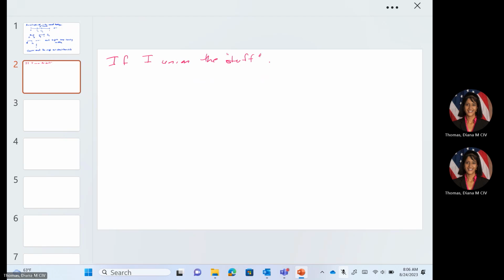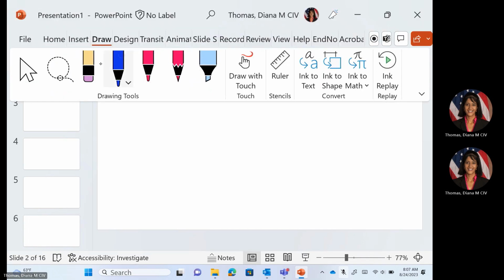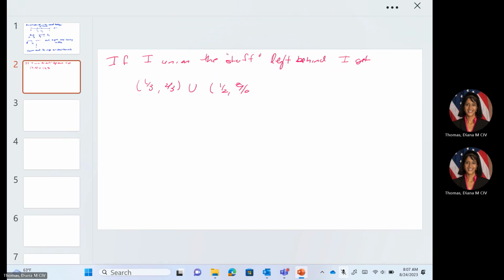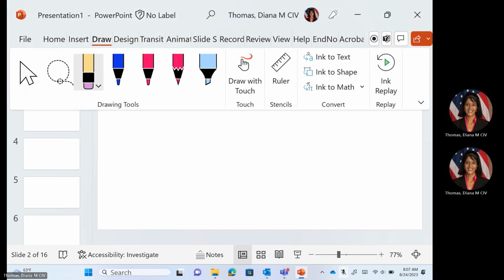Stuff is an official math word. The complement, the things I removed, would be 1/3 to 2/3 union 1/9 to 2/9. Oops, I say 2/9 and I write something else. Hand-eye coordination is not working today.